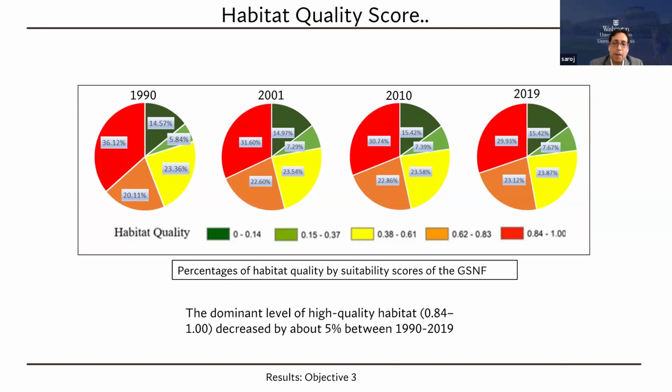This is concerning, and this may be because of the fragmentation of the forest, or maybe climate change and other factors playing a role in habitat quality degradation.